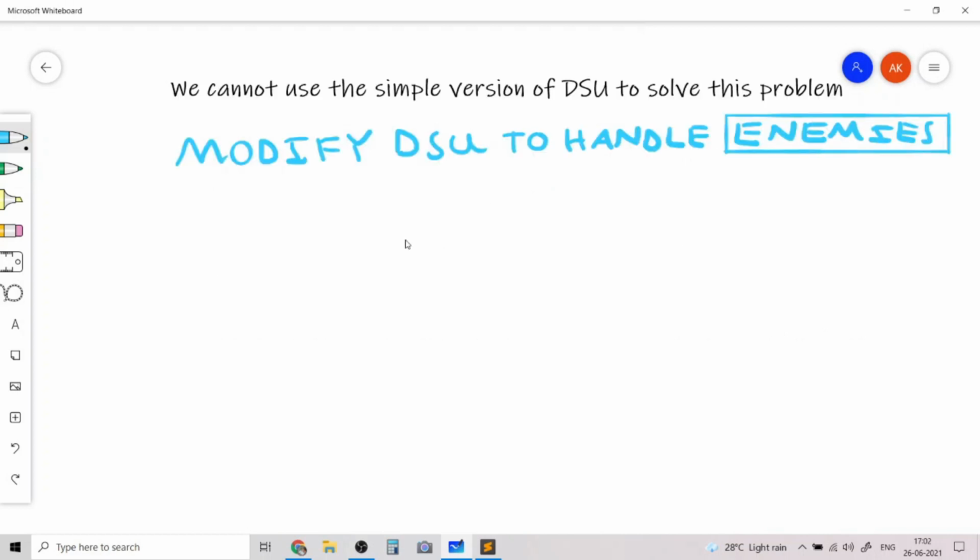So this is our goal. We need to try and modify DSU to handle the enemy component of this problem.